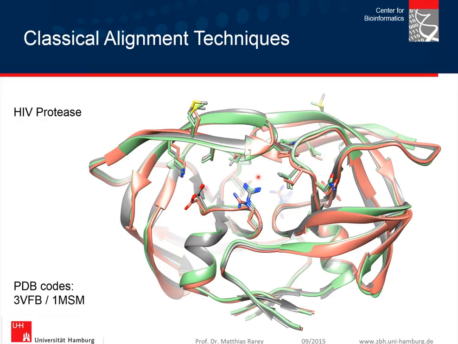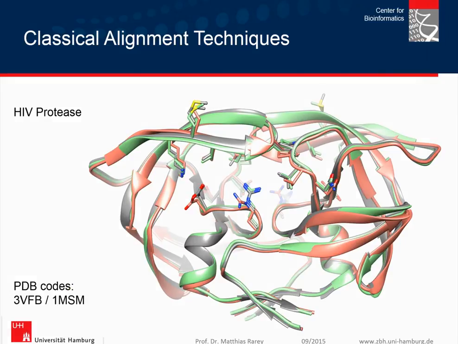But if you look at the structure, you see differences, because the symmetry is usually broken by ligands which bind to the protein. Here the red structure has different side chain orientations here and here. So it makes a difference whether you align chain A to A and B to B, or A to B and B to A. This is something which can never be covered by sequence alignment tools.